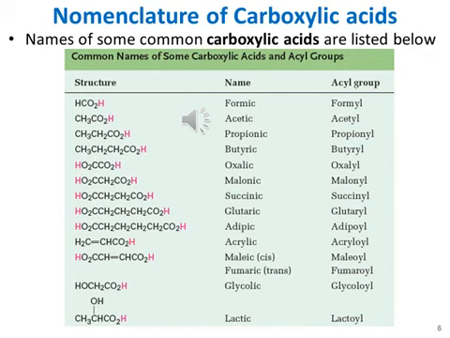Similarly, the carboxylic acid that has 4 carbon atoms is called the butanoic acid. That is the IUPAC name, whereas its common name is the butyric acid. When the butyric acid loses a proton, the anion is called the butyryl anion.